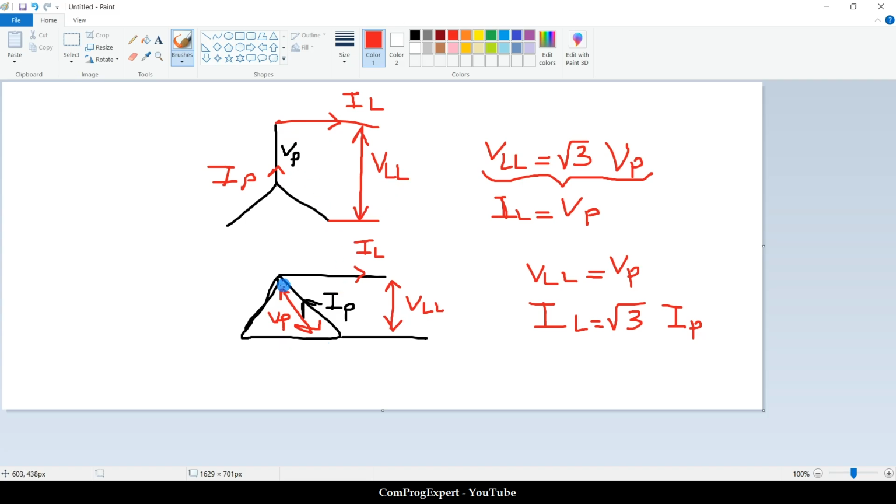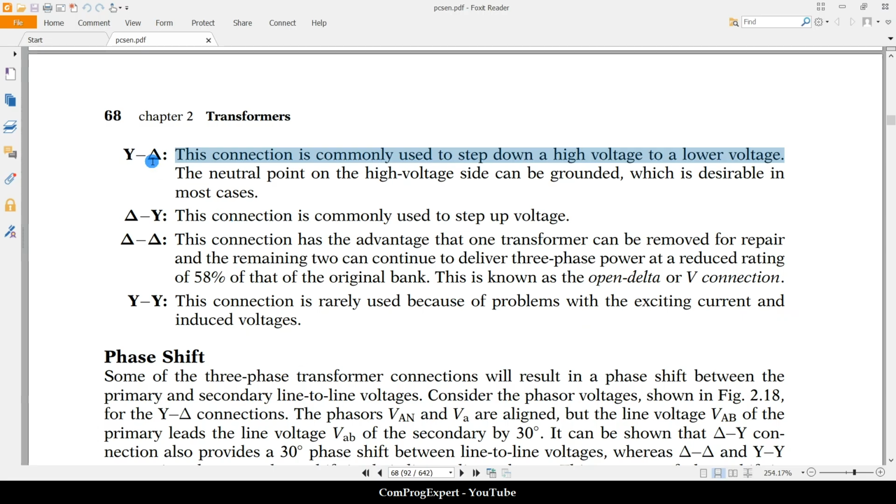But if we use delta connection, the line-to-line voltage will be the same as this one. So here, in the Y-delta connection, we have coils that can tolerate a specific value of the voltage. So in the Y case, we can tolerate a higher amount for the line-to-line voltage.